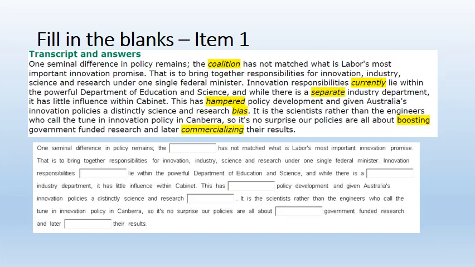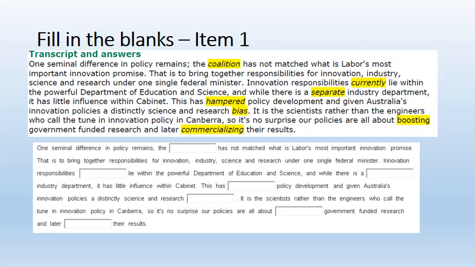One seminal difference in policy remains: the coalition has not matched what is Labor's most important innovation promise, that is to bring together responsibilities for innovation, industry, science and research under a single federal ministry. Innovation responsibility currently lies within the powerful Department of Education and Science, and while there is a separate industry department, it has little influence within cabinet.